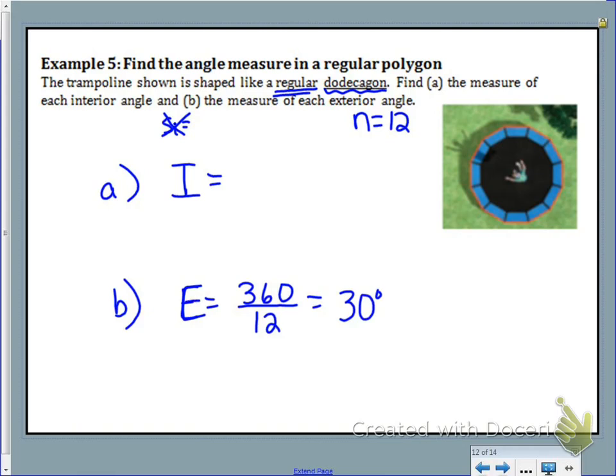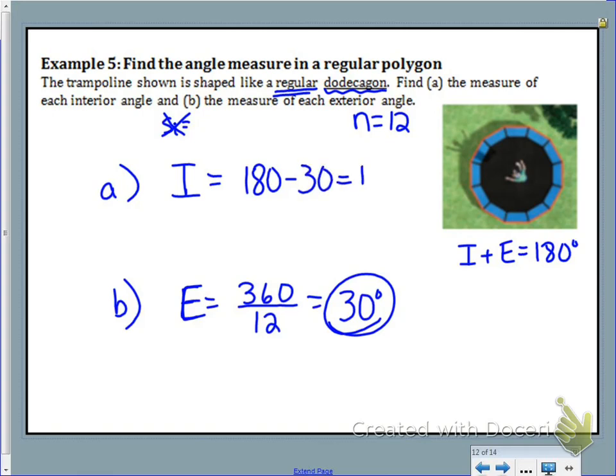One fact that you need to know is that an interior angle and an exterior angle are always going to be supplementary. So I found the exterior angle first to be 30 degrees. So the interior angle is just its supplement, or 180 minus 30 equals 150 degrees. So that would be the interior angle of that particular type of a regular dodecagon.